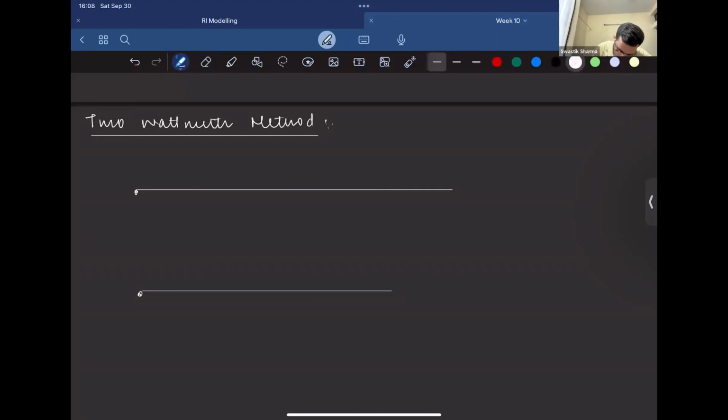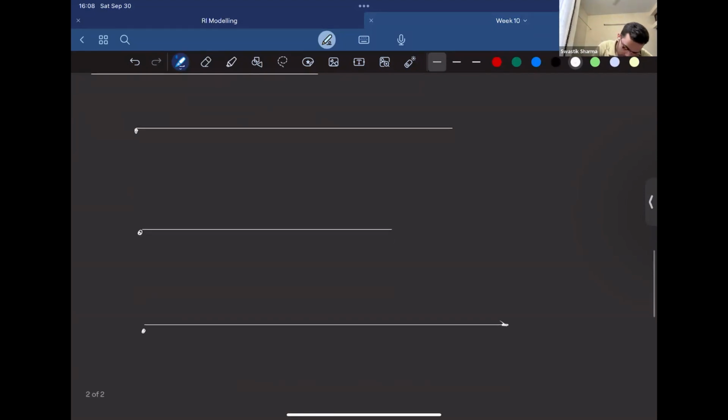So this is A, B, and C, right? And we have a star connected load.